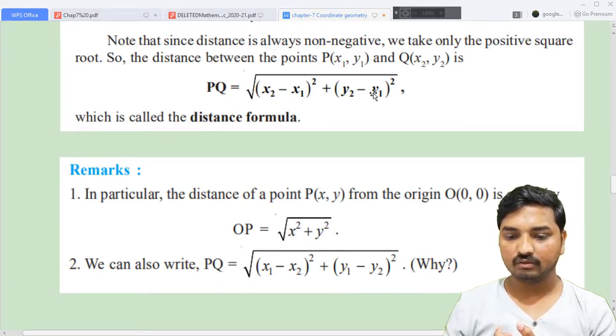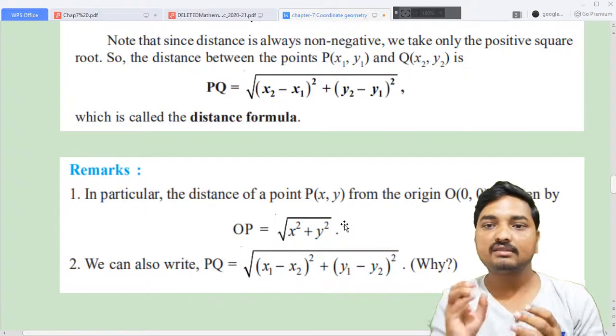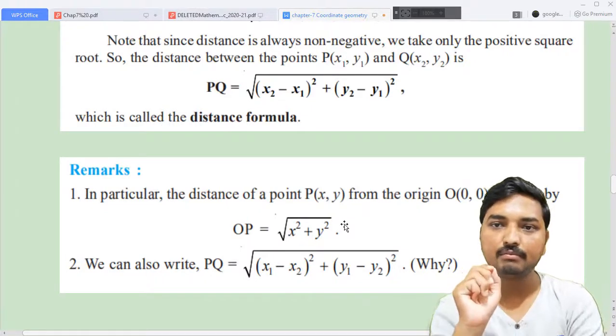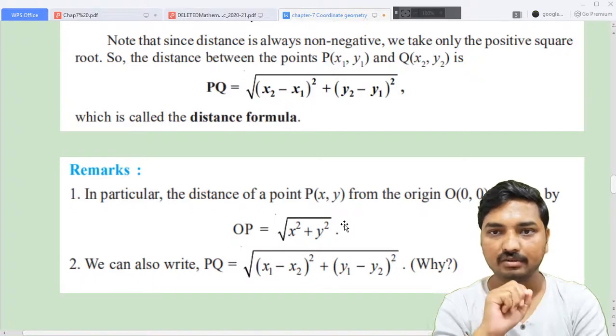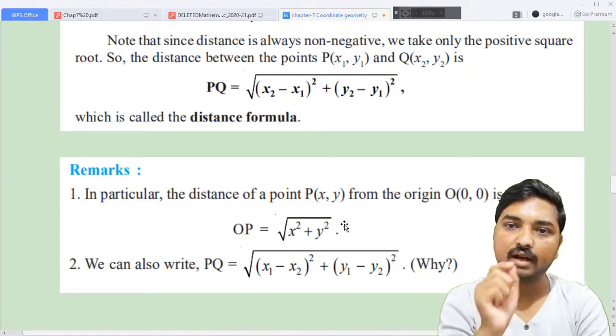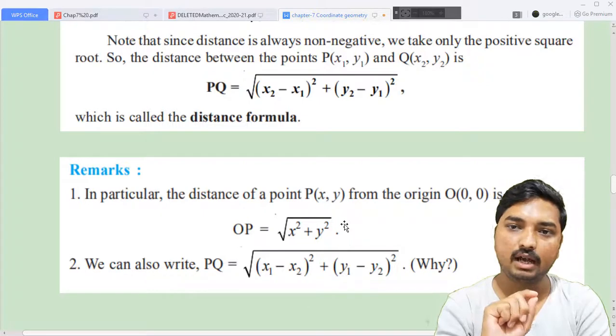And then minus y1 means 0. So it will become y minus 0. y minus 0 means y itself, but the square is there, so it will become y square. So that's why the distance of any point from the origin is very easy. The calculation is very easy. Just square the coordinates, then add and apply the square root.